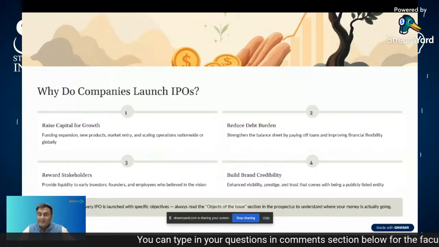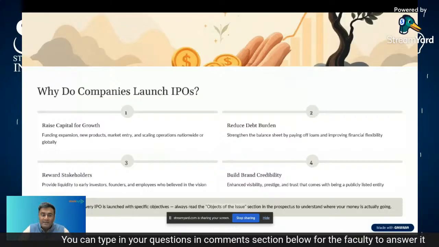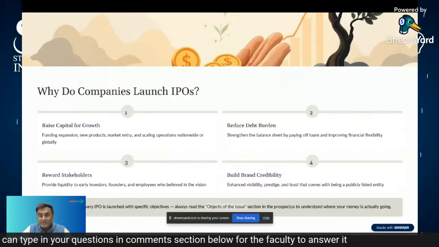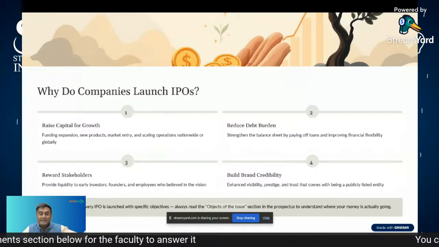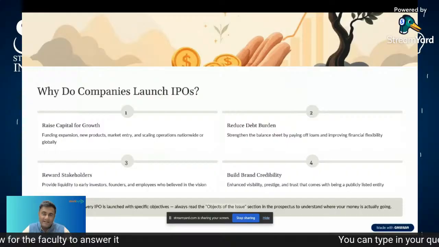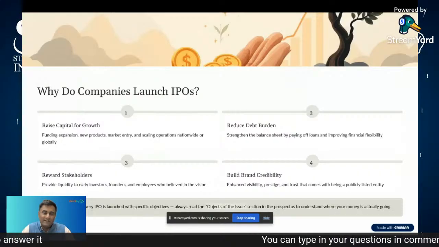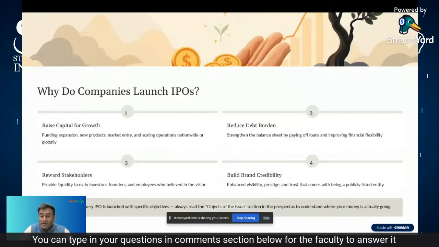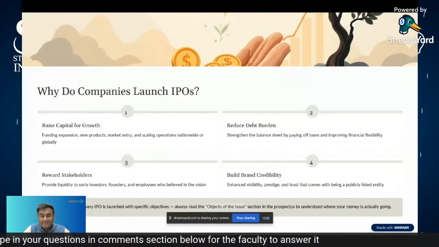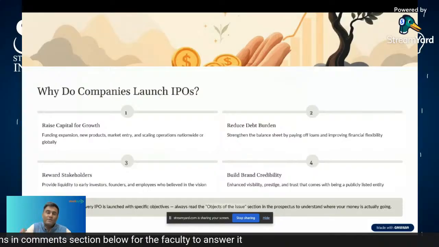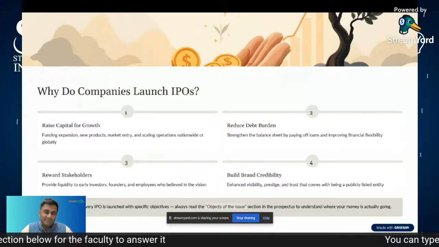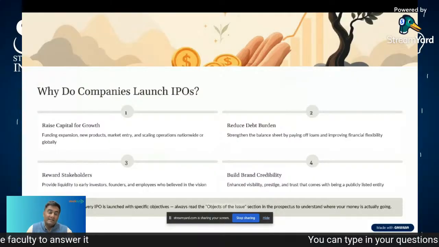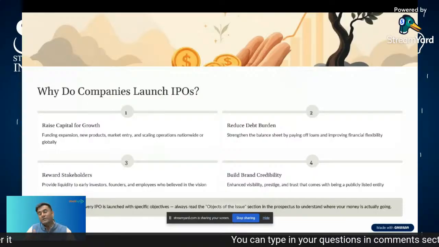Although it is dressed up as a reward for stakeholders, are the stakeholders looking to exit? Is that the reason why it's getting listed, or is it getting listed for value unlocking? That's what we have to understand. There are companies which get listed just for value unlocking.